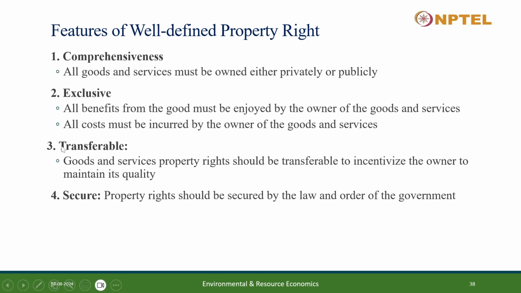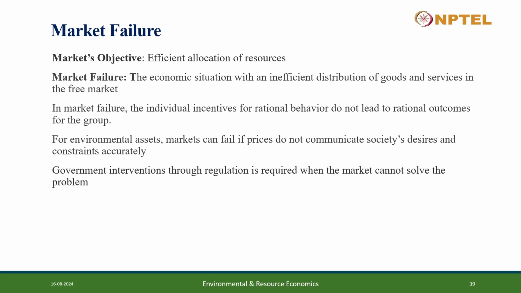The third one is that goods and services can be transferred from one person to another so that the owner is incentivized to maintain the quality of goods and services. And the fourth one is that the property right should be secured by law and order. So these are the features of property right, right?